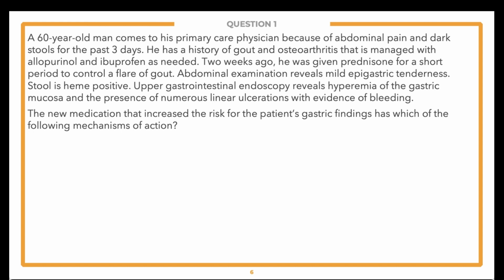Stool is heme positive. Upper gastrointestinal endoscopy reveals hyperemia of the gastric mucosa and the presence of numerous linear ulcerations with evidence of bleeding. So again, the new medication that increased the risk for the patient's gastric findings has which of the following mechanisms of action? I need to take a minute.